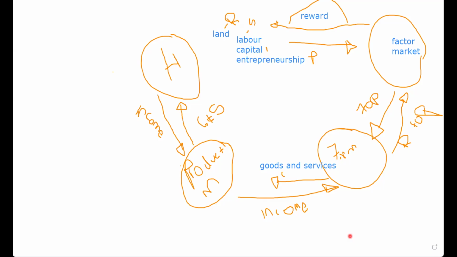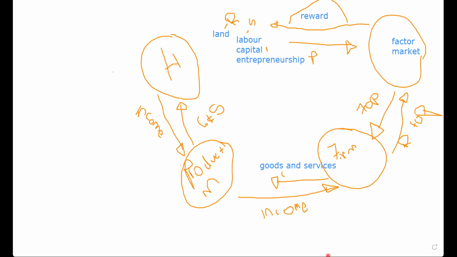Here they're saying that our firms are the producers, and they are also the buyers in the factor markets because they buy factors of production. They are also the sellers in the product markets because they sell goods and services to the product markets. And they also produce finished goods and services.